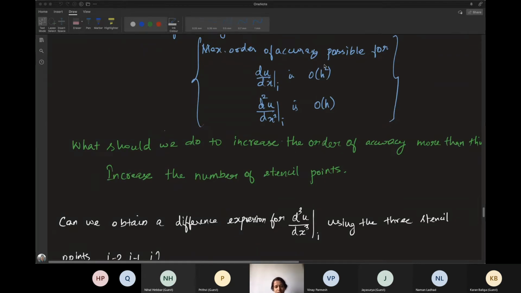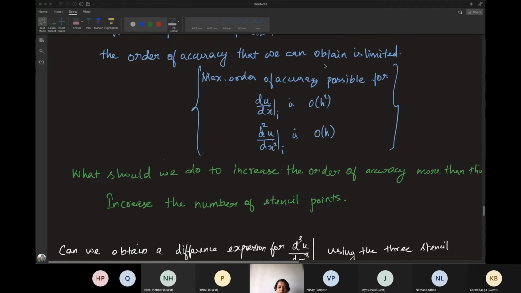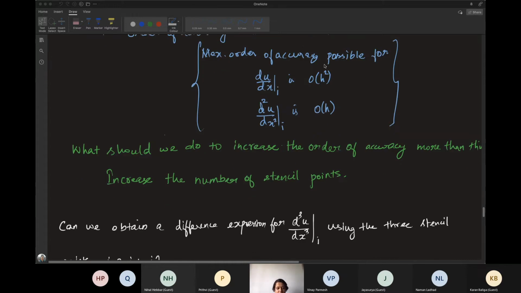If you want to improve the accuracy further, then you have to go about thinking in this direction. That is, you need to increase your stencil size. So that will have further complications. So let's not talk about all those right now. So now it's just this. When you have to improve the accuracy beyond some limit, then you need to increase your stencil size.